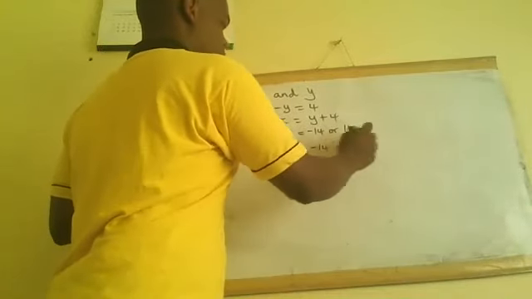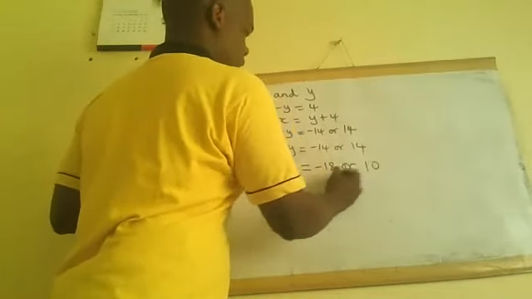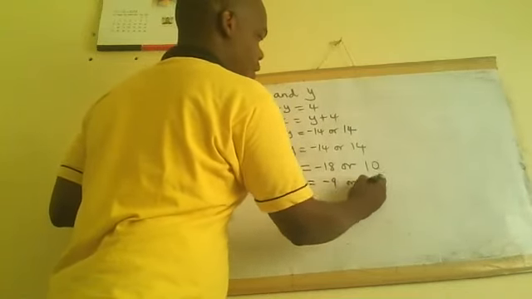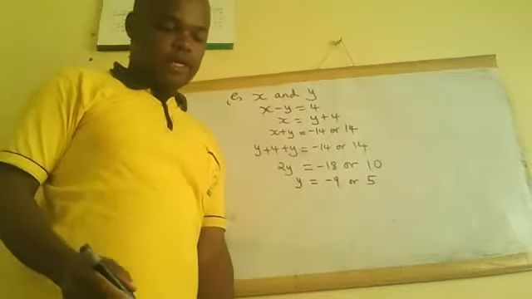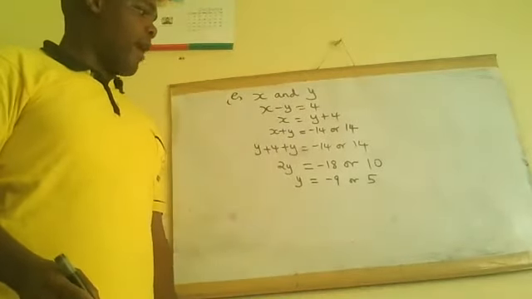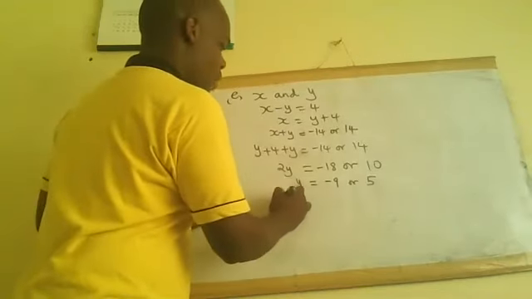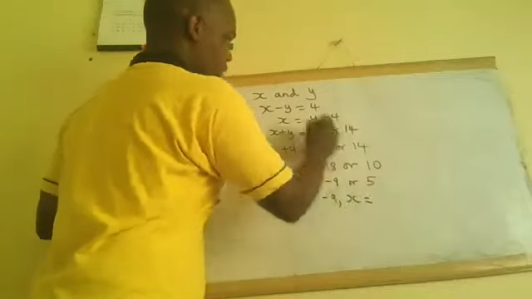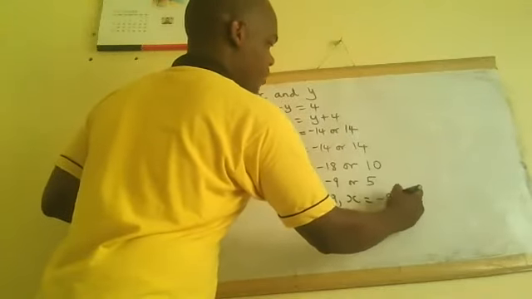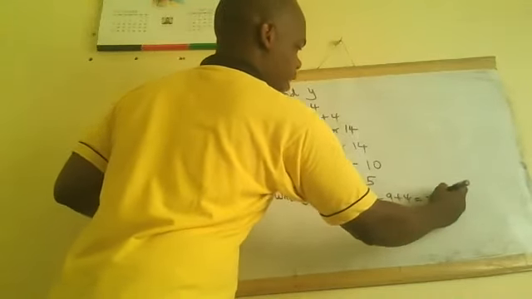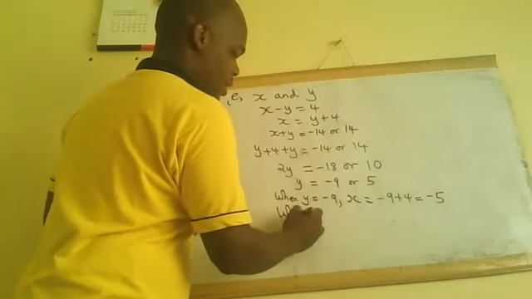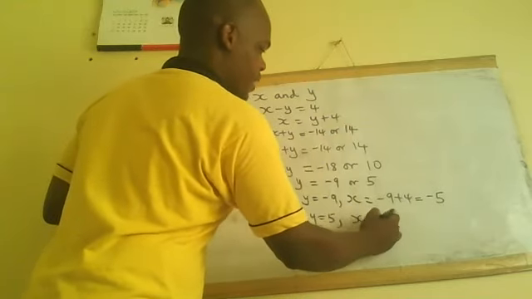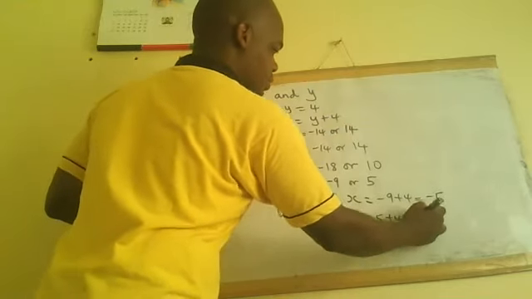When you subtract 4, it will be 10. So this means that y is negative 9 or 5. And then you say this, when y is equal to negative 9, x is negative 9 plus 4, which is negative 5. And then when y is 5, x is equal to 5 plus 4, which is 9.